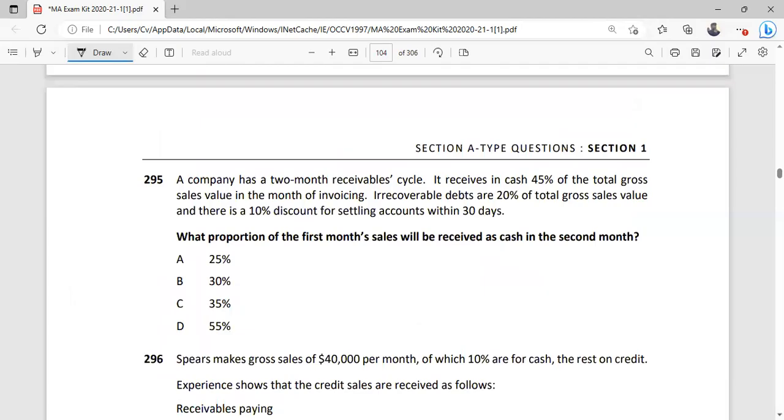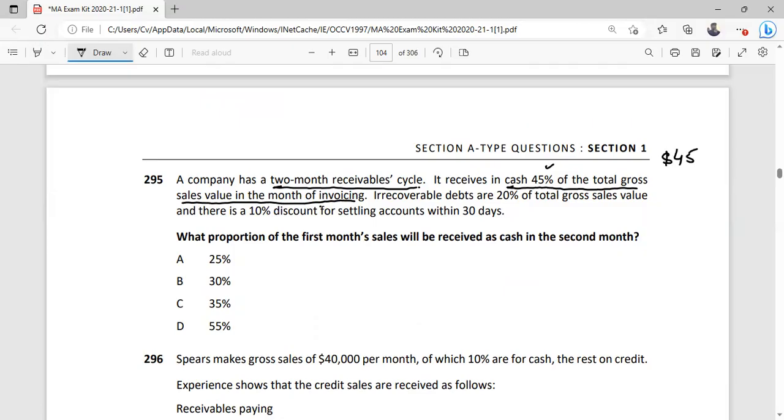Next question is, the company has a 2 months receivable cycle. It means if I sell goods in this month, in the month of May 2023, I will receive after 2 months. It receives 45% cash of the total gross value in the month of invoicing. Wherever you see percentage, you can assume it is a dollar value.